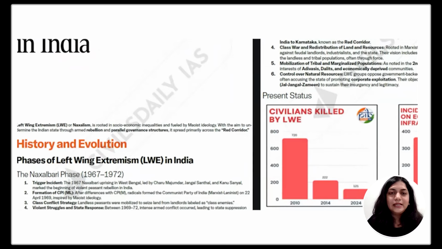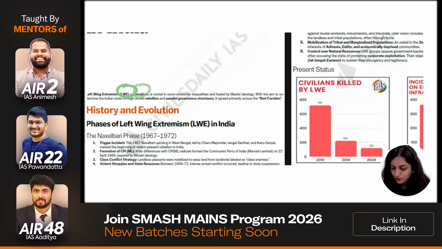It spread primarily across the Red Corridor. How many keywords have been used here? Naxalism, LWE, socio-economic inequalities, Maoist ideology, rebellion, parallel governance structures, and Red Corridor.